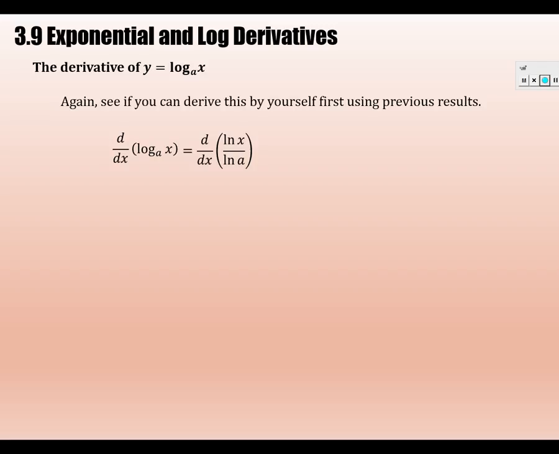Keep in mind that isn't this just a constant times ln x? So, really, I can factor this out using the linear properties of a derivative. So it's just 1 over x ln a using the change of base formula. That's the same answer you guys got, but I like seeing that they both work. That's great.